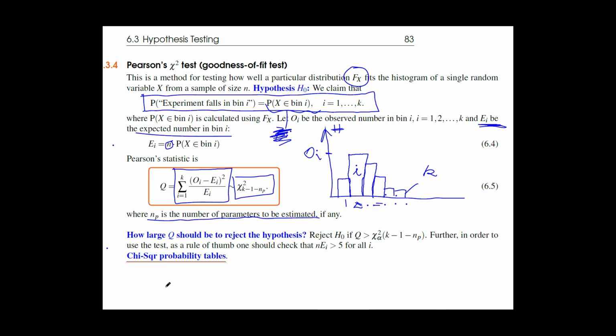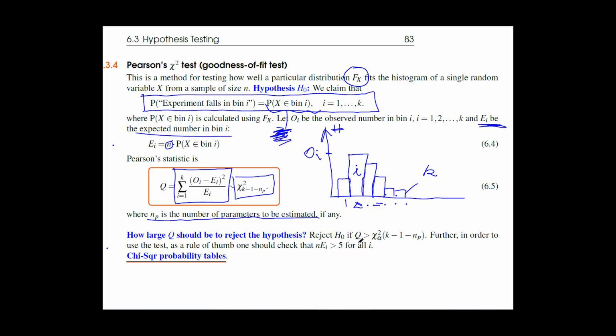We have a statistic and a distribution, so the recipe is the same: what is the rejection region, with the critical values from the table. So the same procedure we've been looking at, just using this different statistic. All right?